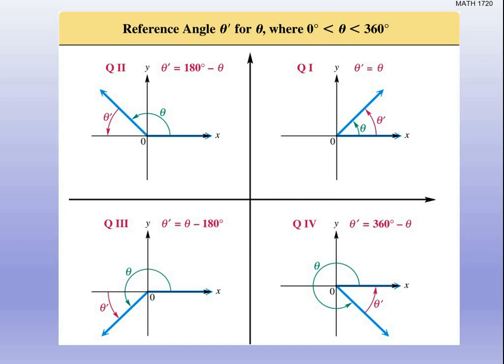It's also imperative that we pay attention to the x value and the y value. In the 1st quadrant, the x and the y on that magnitude are both positive. In the second quadrant, y is positive and x is negative. In the third quadrant, the x values are negative and the y values are negative.